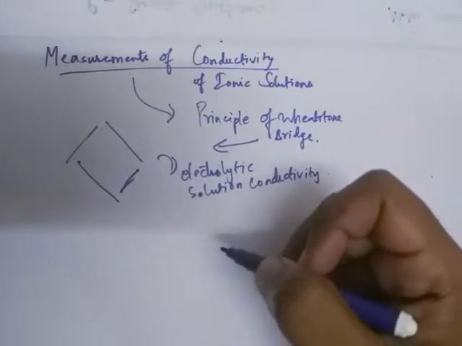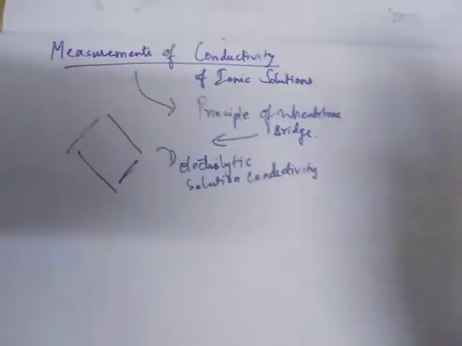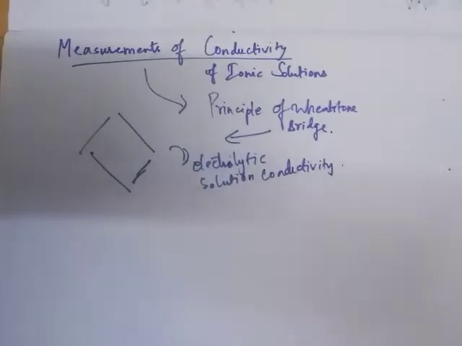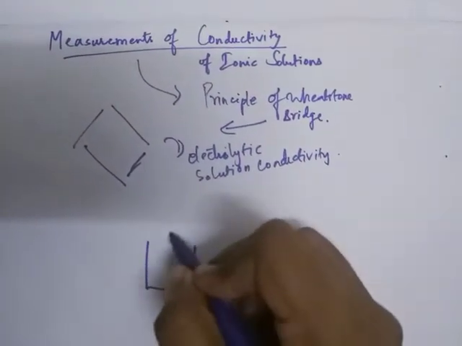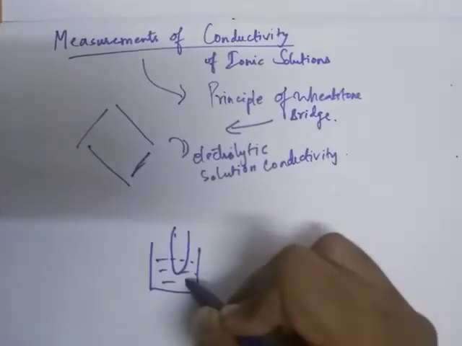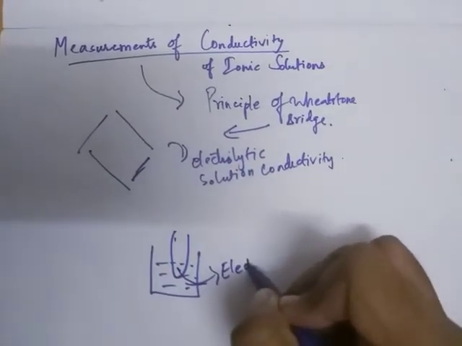In order to derive the equation for the Wheatstone bridge method, we will take a solution where we have an electrolytic solution.